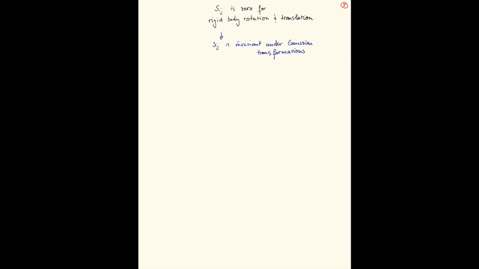And an invariant for a first order tensor, i.e. a vector, is its magnitude. So if you change your frame of reference, or if you rotate your vector, the magnitude will never change.